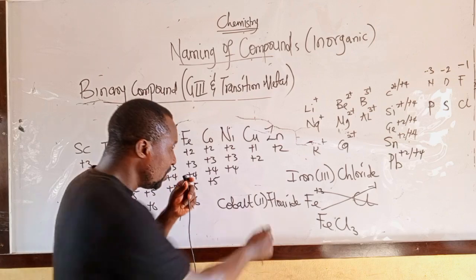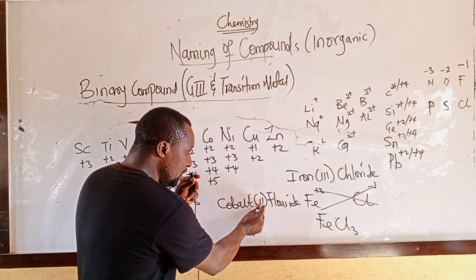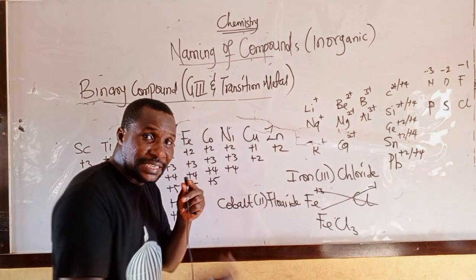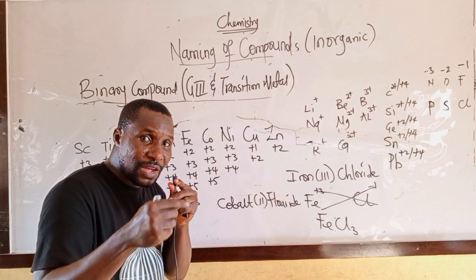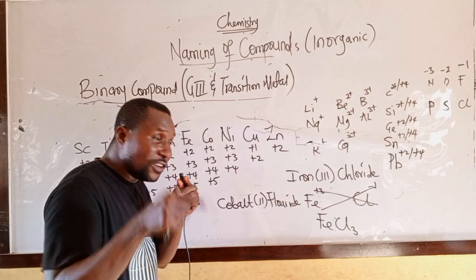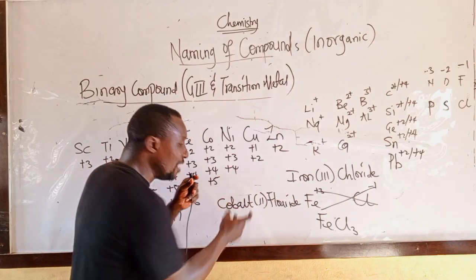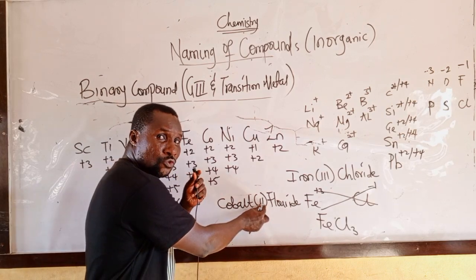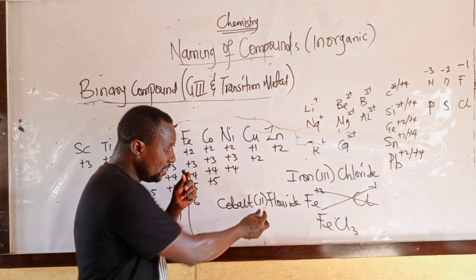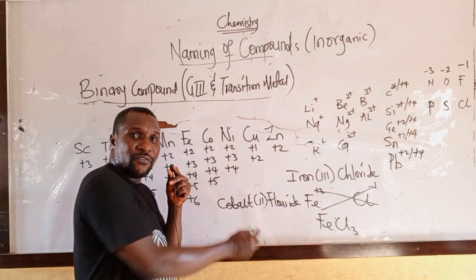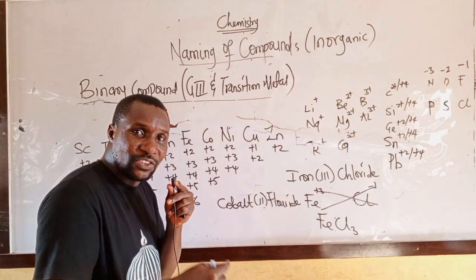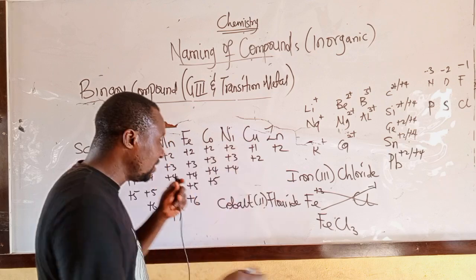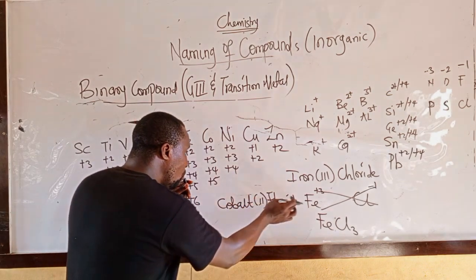Take note. The Roman numeral in the bracket 2 indicates the oxidation number of cobalt.